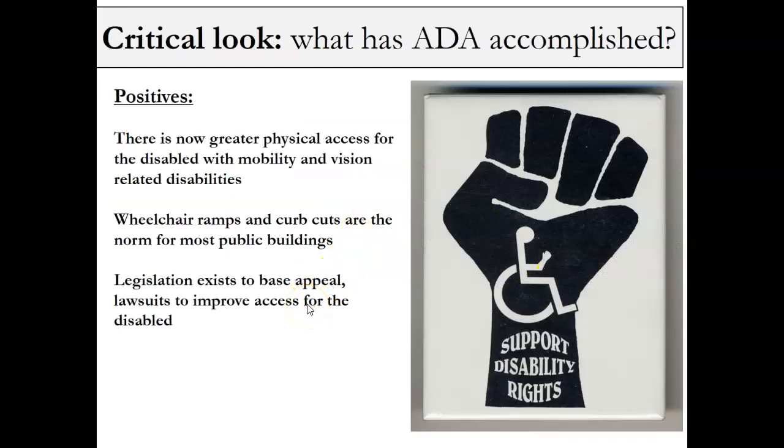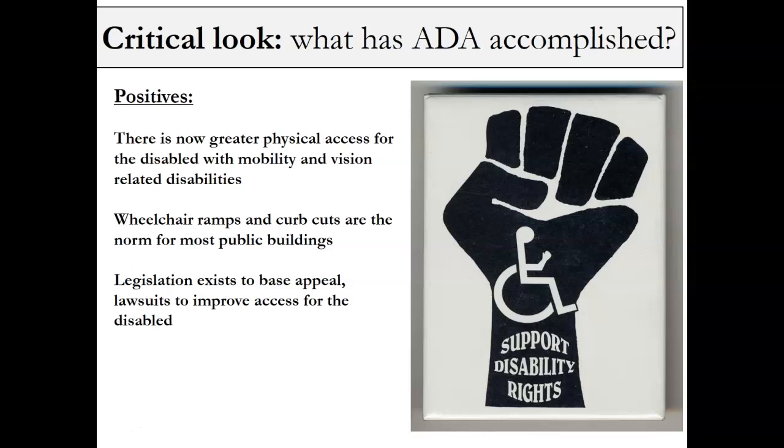Some of the positives, let's look at the ADA critically. Passed in 1990, revised in 2007, 2021. So we're talking 14 years. Where has it gone in those 14 years? Definitely a positive: there's now greater physical access for disabled people with mobility and vision-related issues.